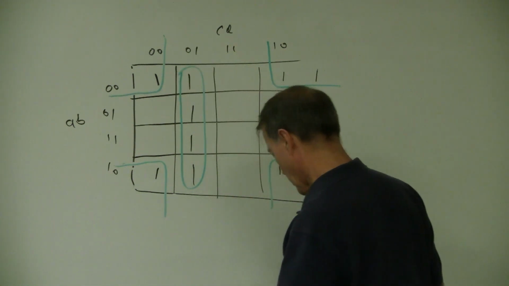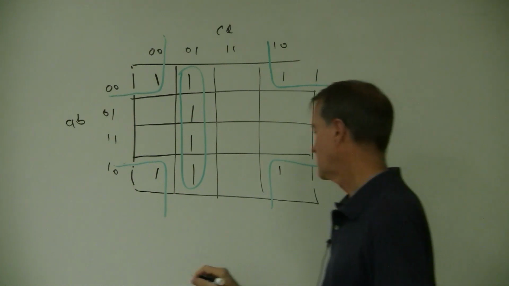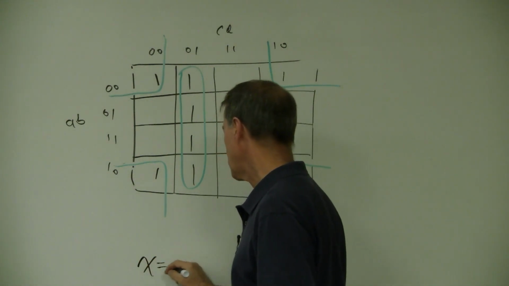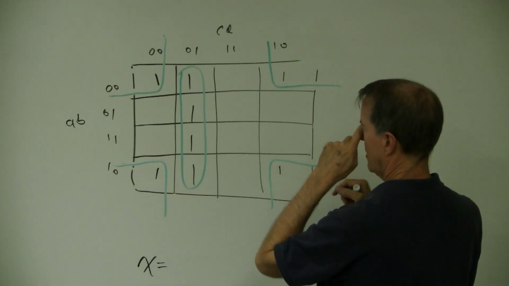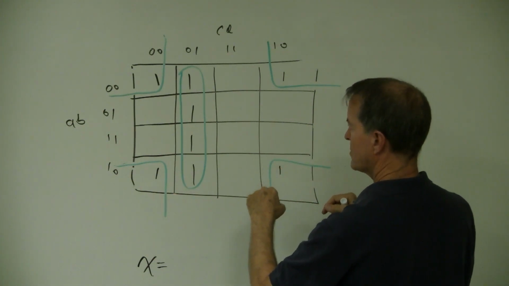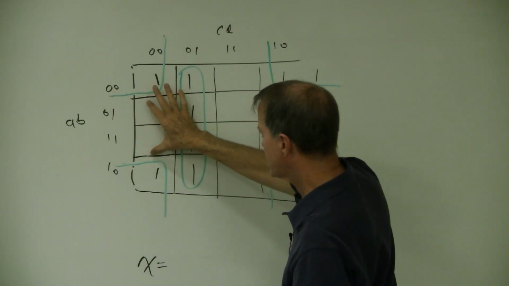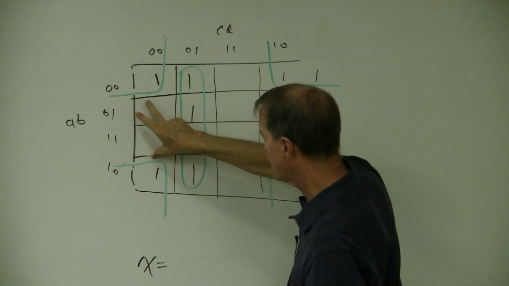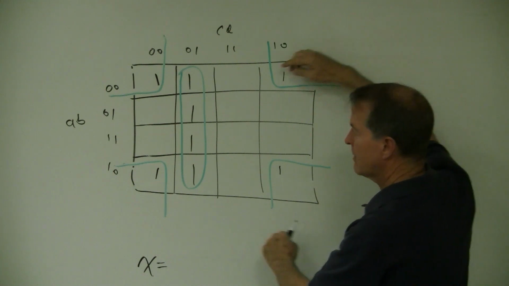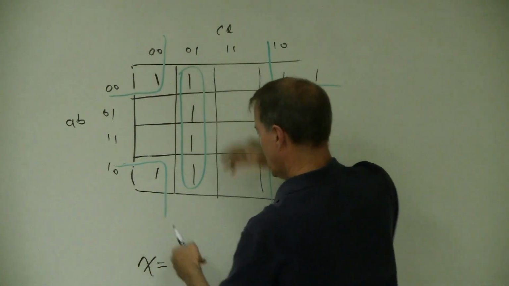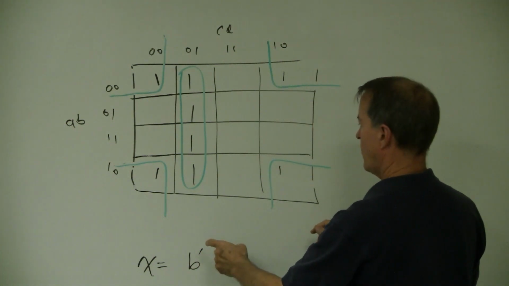Okay, so now let's write down the expression. So x equals. Now what were the corners? B prime. Now where's B? Here's where B is 1. These two rows are the B rows, so the top two rows are the B prime rows.